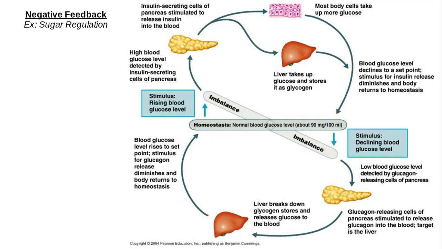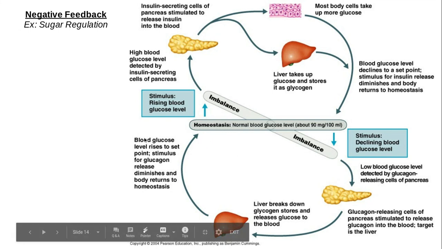Once they arrive at the liver, they can break down the glycogen stores and release glucose into the blood, and then the blood glucose levels rise. That increase in blood glucose is another stimulus that causes the glucagon release to slow down, and the body returns back to homeostasis. So the production of glucose causes this feedback loop to stop: negative feedback.